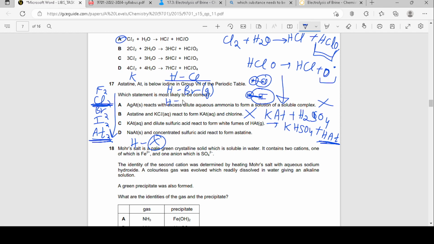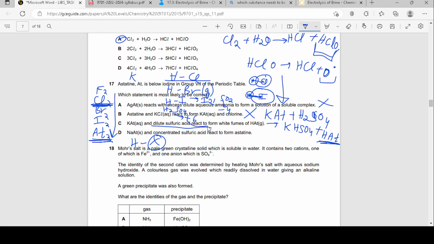If you have HI, that's even weaker, right? So you can get various products like I2, and it can even further become SO2. In H2SO4, the oxidation state of sulfur is +6, and in SO2 it's +4.